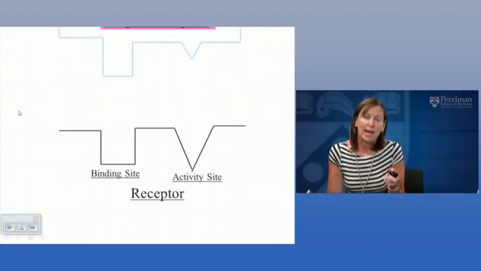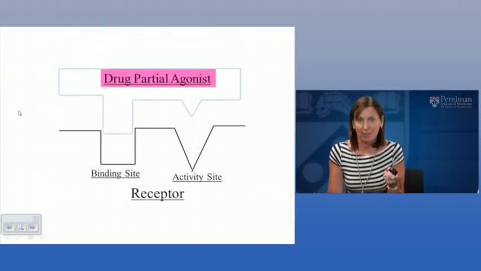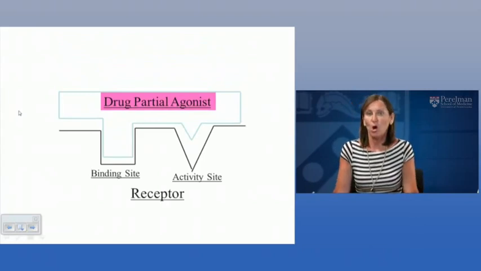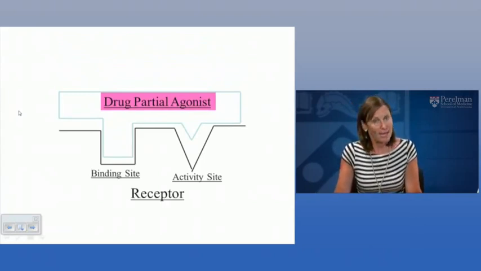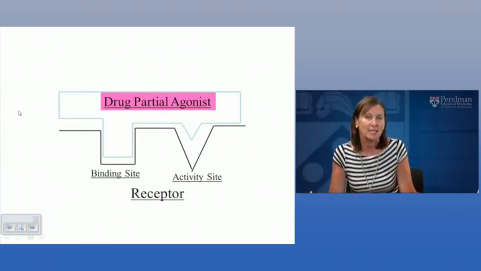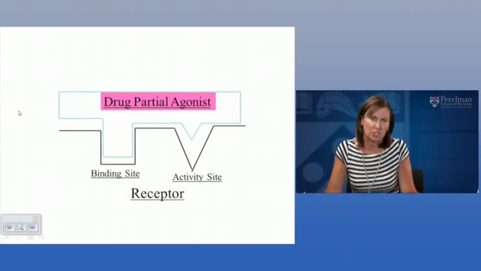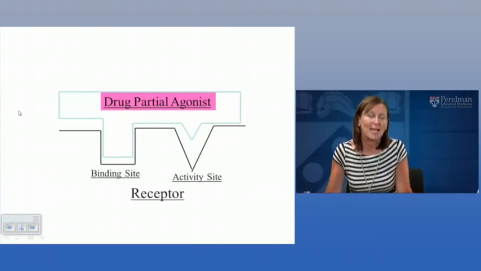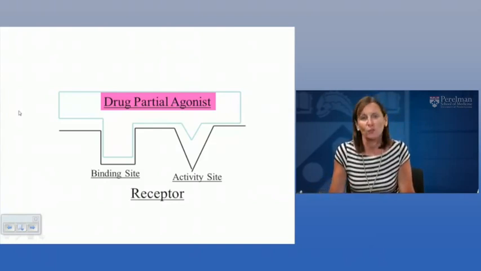So let's look now at our third example, and this is an example of a partial agonist. So again, the partial agonist is able to bind to the binding site, but it's not terribly efficient at the activity site. So its efficacy is not going to be as optimal as our full agonist.